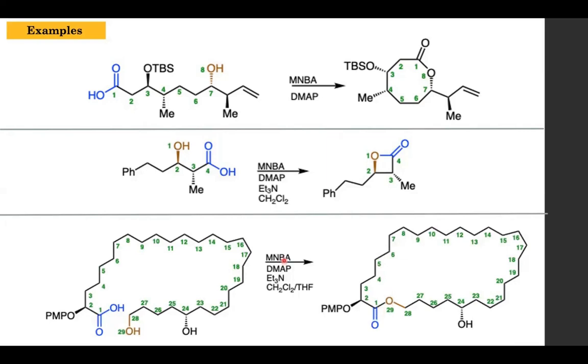Now look at this molecule: the first position has a carboxylic acid group, while the 28th and 24th positions have two alcohol groups. However, the 28th position has a primary alcohol group that selectively reacts under this condition to generate the corresponding macrocyclic lactone.